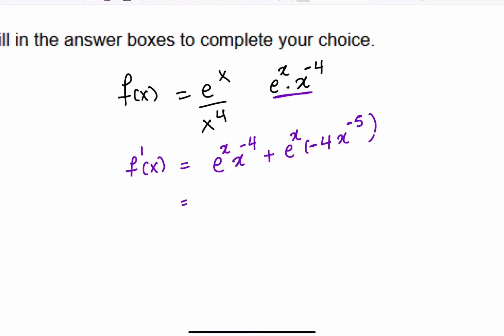When I work this out, I have e to the x times x to the negative 4, plus, I'm going to rewrite this one, negative 4 e to the x times x to the negative 5. Now, when I look closely, I can factor out e to the x and x to the negative 5.